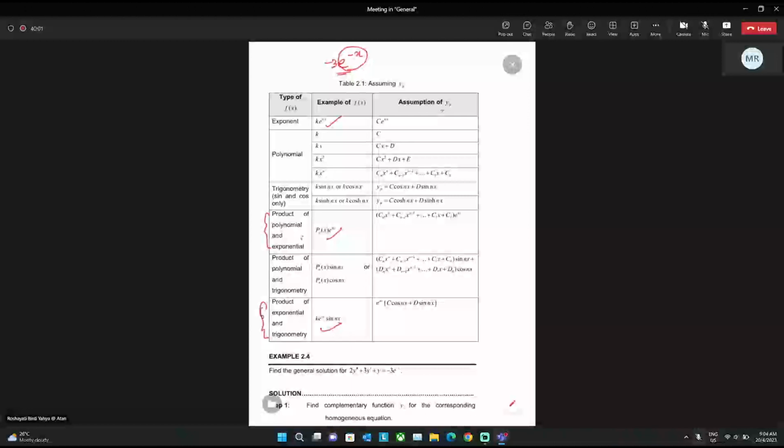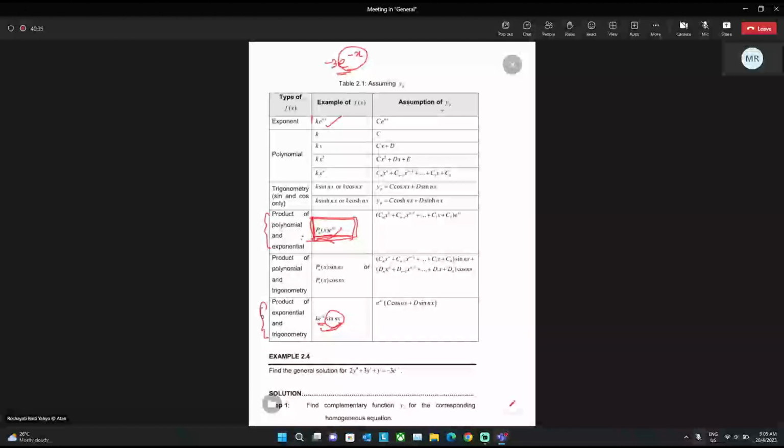For p(x), a function of x, it is not valid because we have no function attached to this f(x). For exponential and x with trigo, it is not valid since we have no trigo in our f(x).